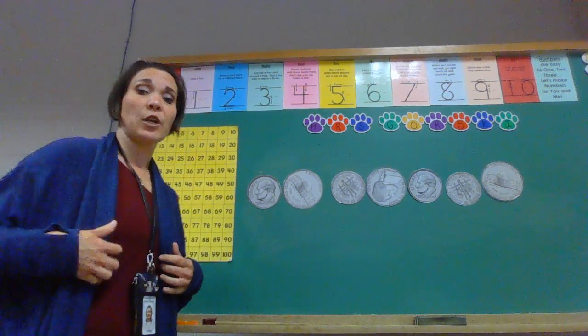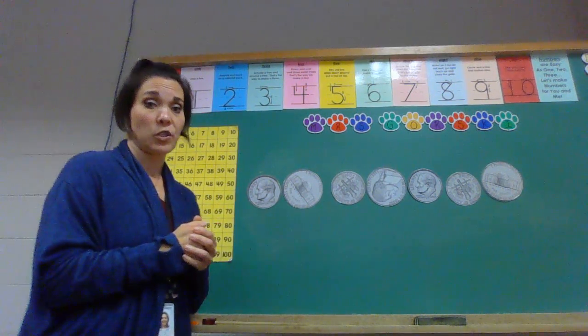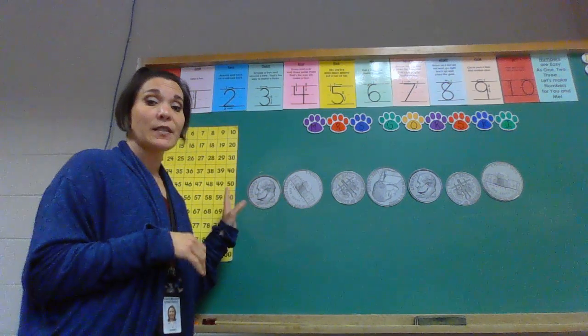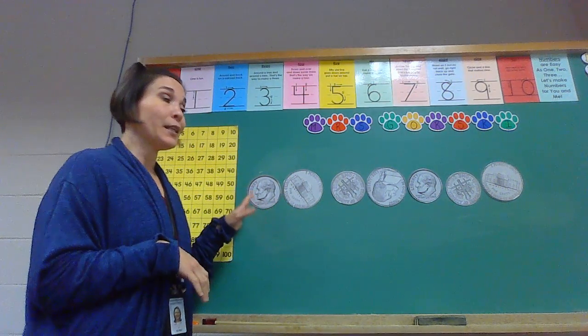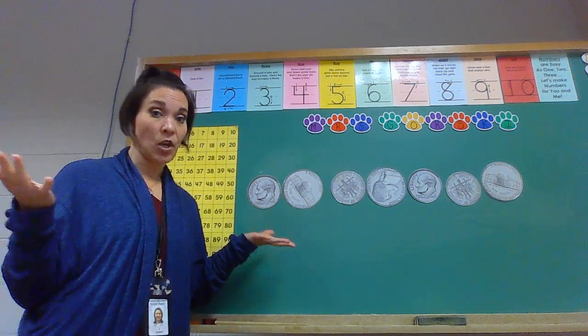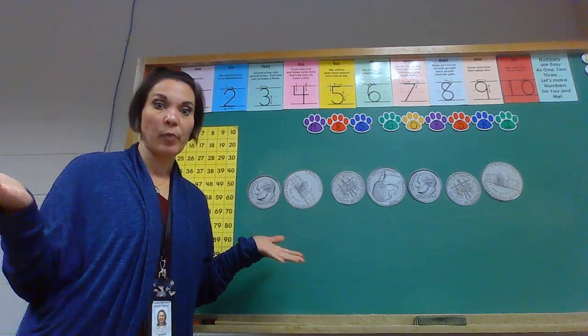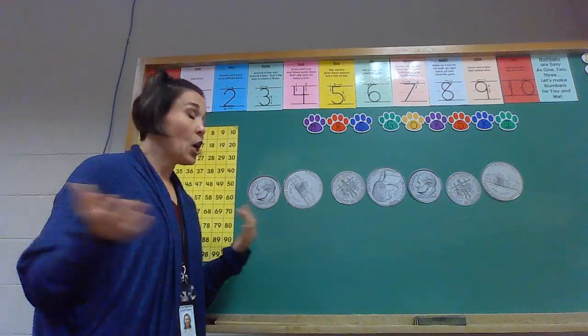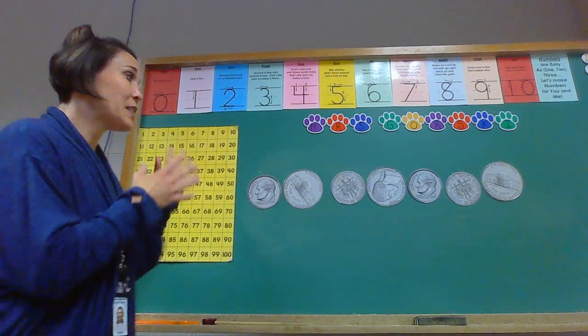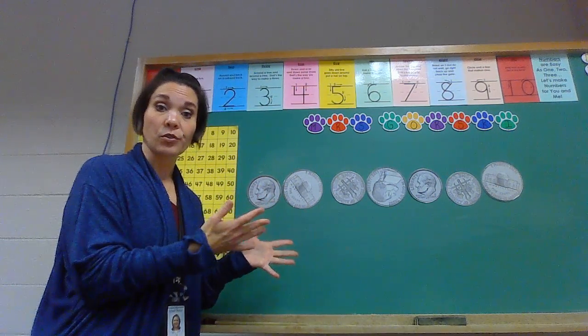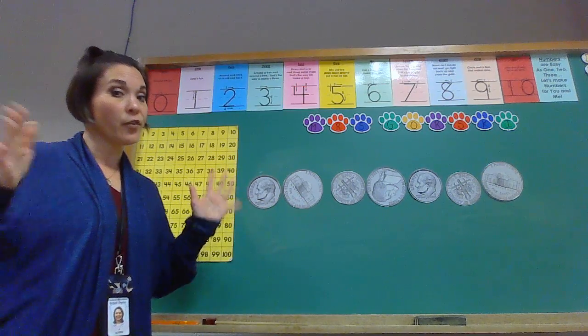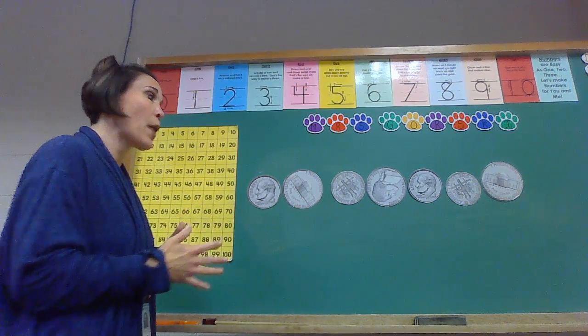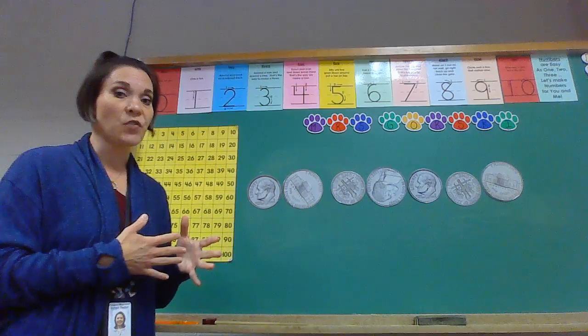Okay, now this one's definitely going to be different than all the other ones we had because all the other ones had some pennies involved. This one doesn't. And it's okay because it can happen. We might not need pennies or we just don't have any pennies available. So in this case, you're only going to see dimes and nickels. So remember, first things first, I always start with my arranging. I want the greatest value first.